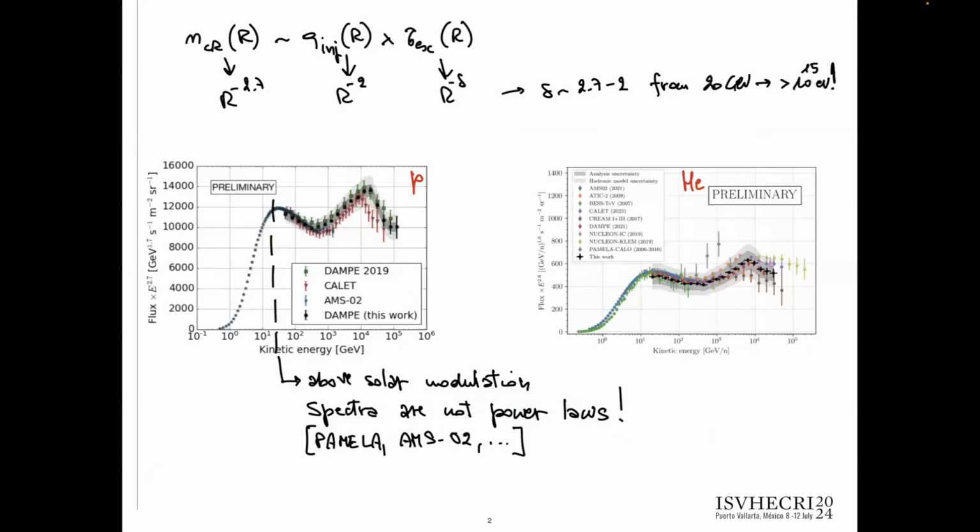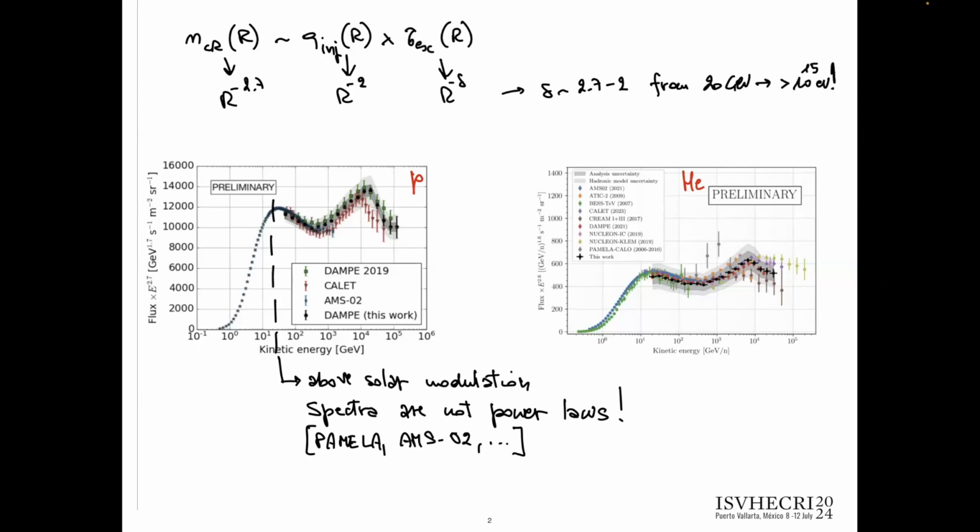Now, if you consider that the cosmic ray flux is shaped by the injection spectrum and the transport, and you assume that the injection is given by a power law, taking the diffusive acceleration model, then you end up with a time of confinement which is the same from 20 GeV, when the solar modulation stops, up to at least 10^14 or 10^15.